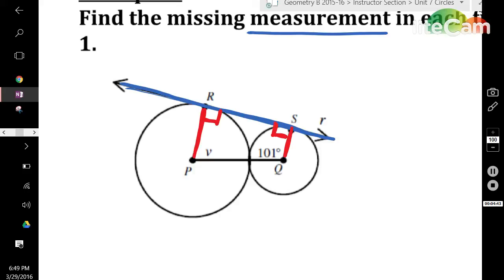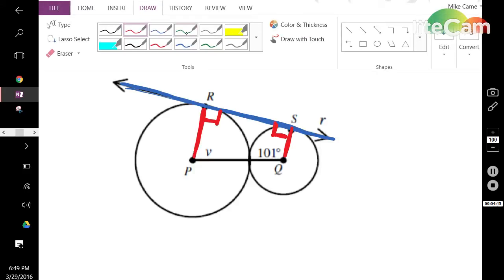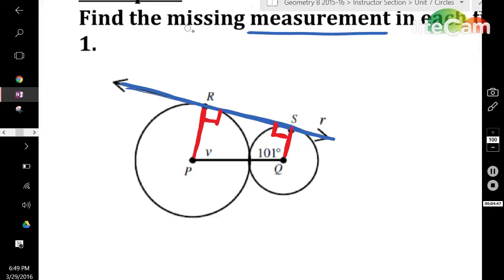Now, the picture, even though it has 2 circles and a line tangent to both, it actually creates a quadrilateral. And in previous units, we talked about quadrilaterals having an angle sum of 360 degrees. And I know that 3 of them have actual measurements. You have 90, 90, 101, and V, the missing angle.